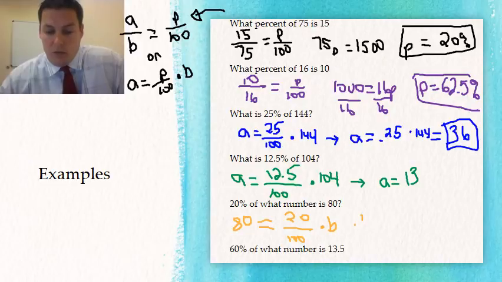I'm going to multiply both sides by the reciprocal to get rid of the fraction. So I'm multiplying both sides by 100 over 20. So then I should get 800 over 20 when I multiply that one fraction equals B. One of these zeros cancel, 80 divided by 2.